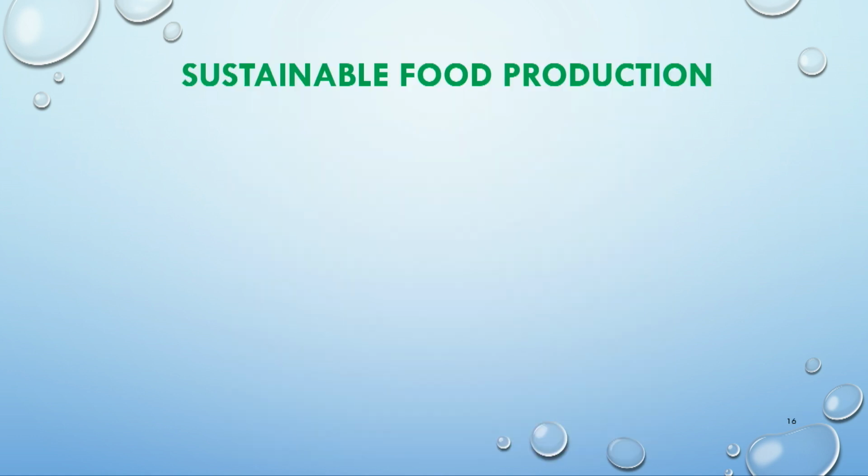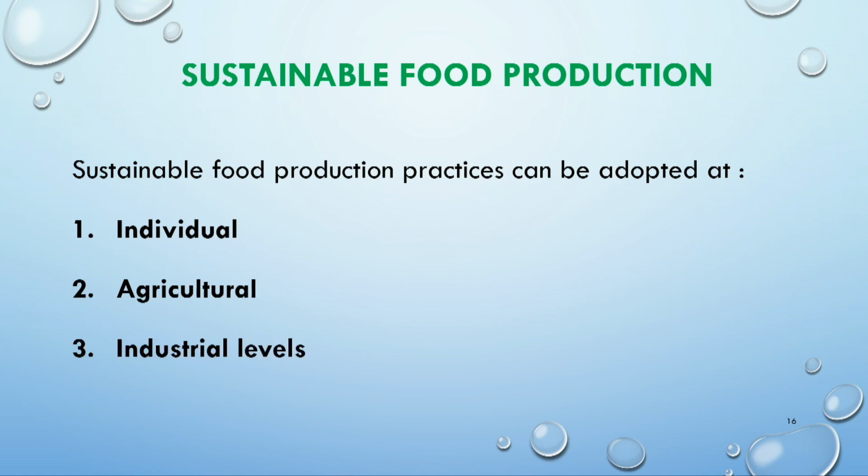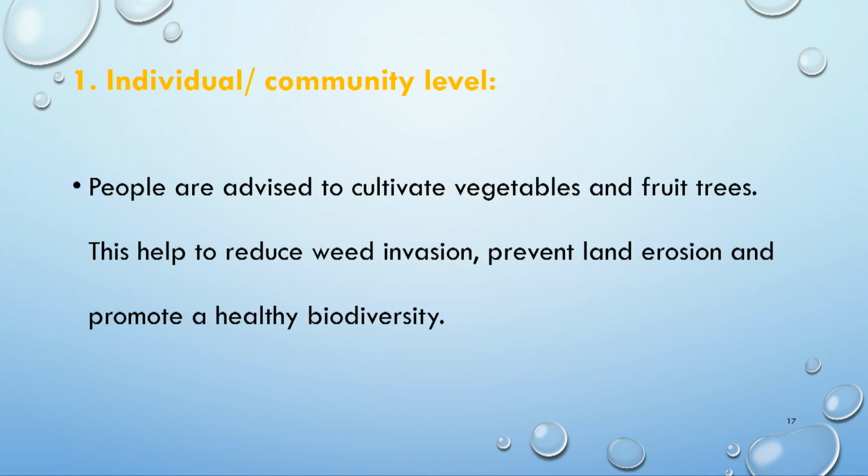What is sustainable food production? Sustainable food production practices can be adopted at individual level, agricultural level, and industrial levels. First, let's look how it can be adopted at individual or community level. People are advised to cultivate vegetables and food trees.